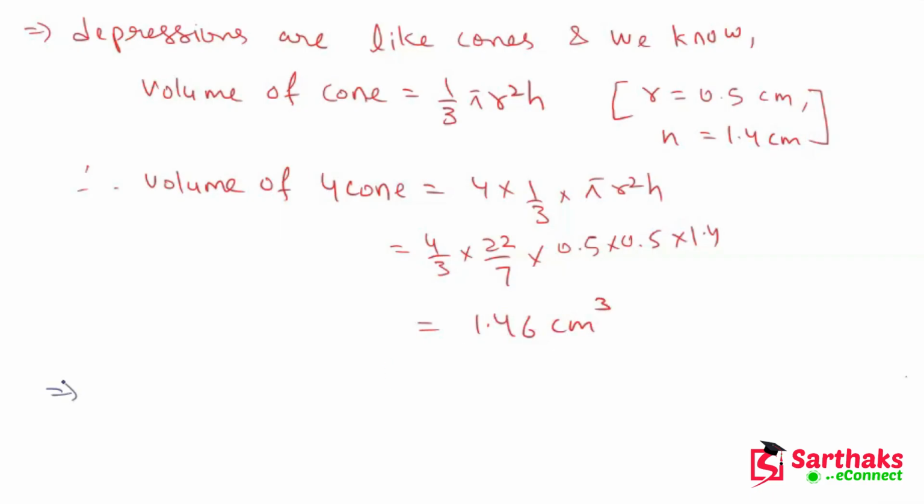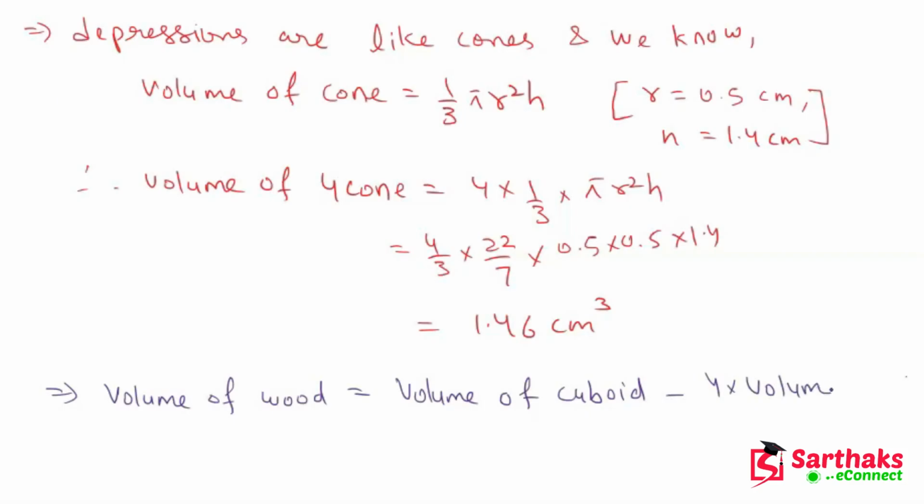Now my dear friends, the volume of wood is equal to the volume of the cuboid minus the volume of 4 cones.